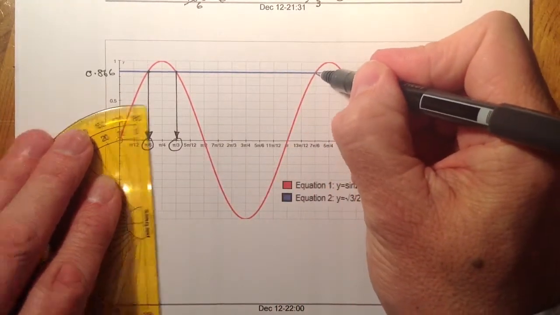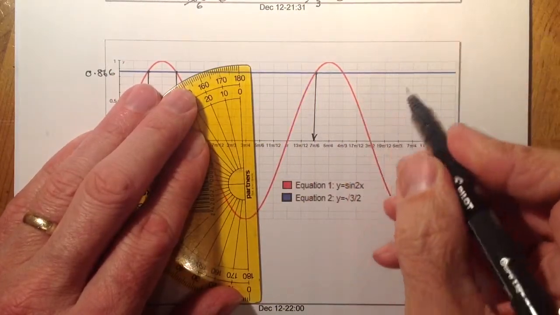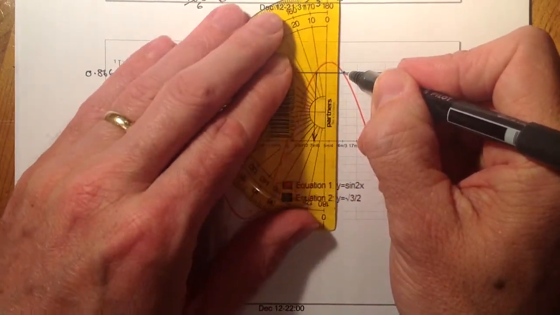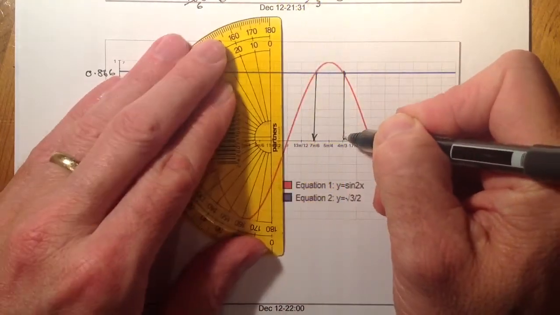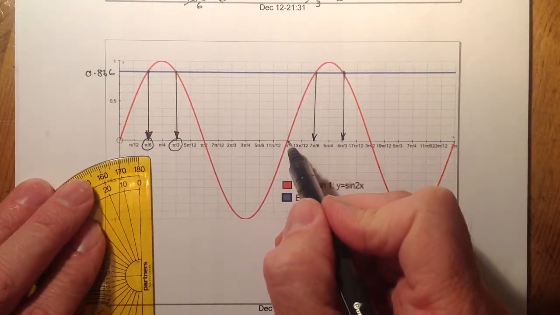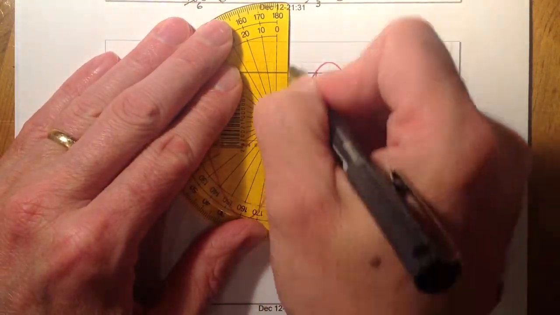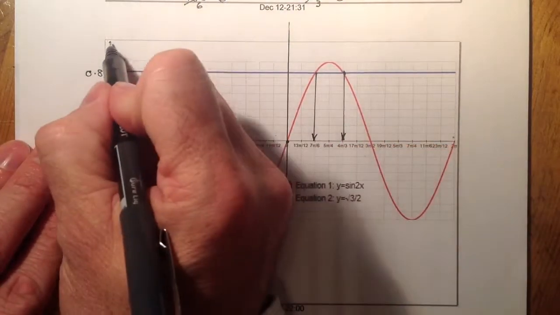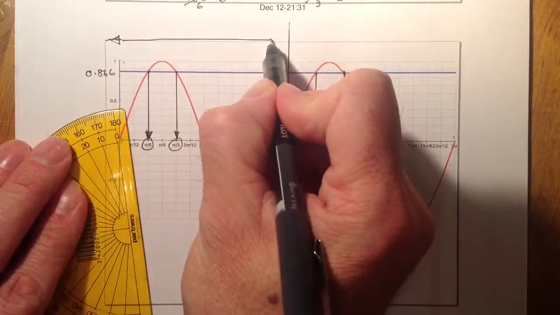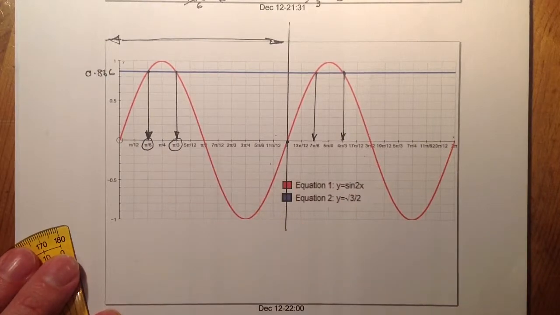I've got the other values that I'd calculated up at the top here, 7 pi upon 6, and 4 pi upon 3. Now remember, we were limited to this range here. So that was our maximum range, the range we were limited to from here to here. Okay, so the only two solutions I had were these ones here.